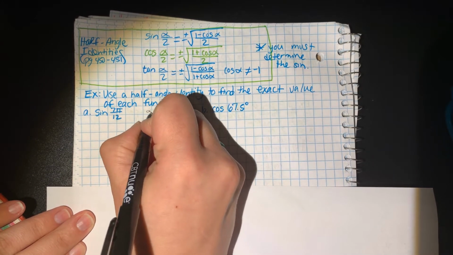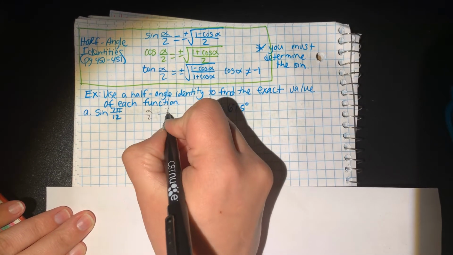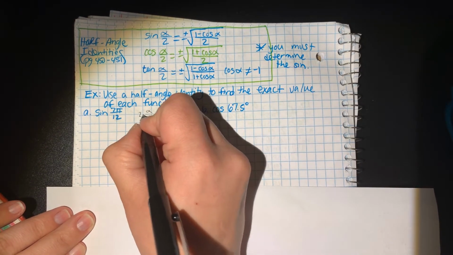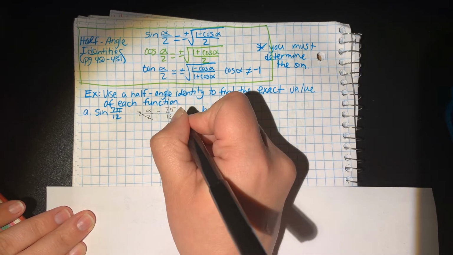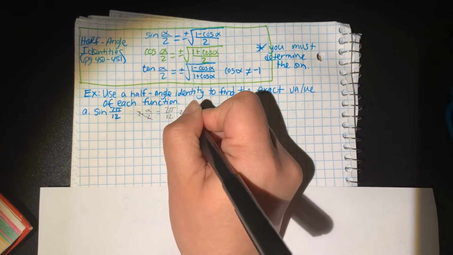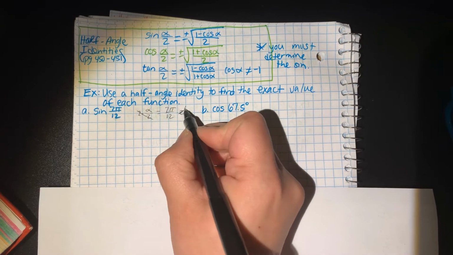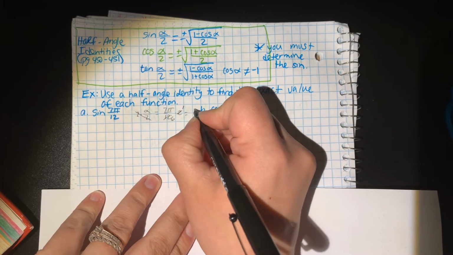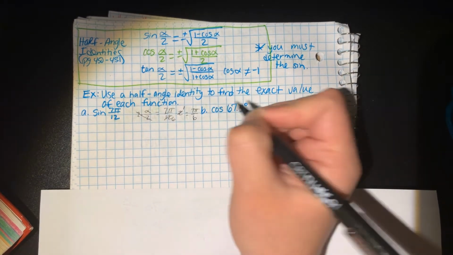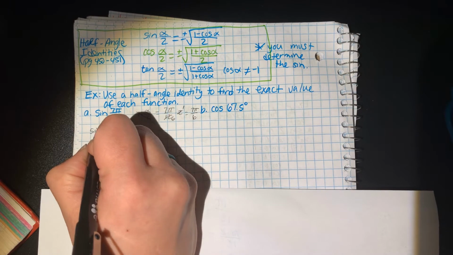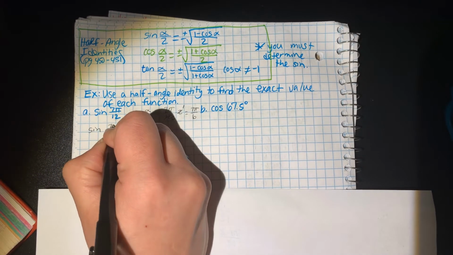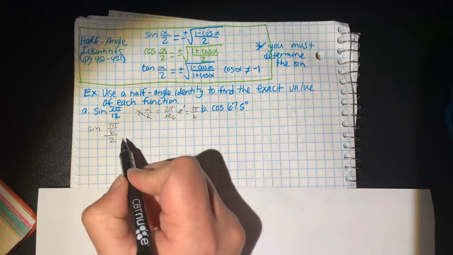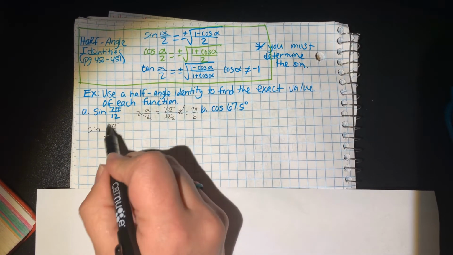So I'm going to say alpha over 2 equals 7 pi over 12. Multiply both sides by 2. So then this will reduce. This is a 1. This is a 6. So alpha is going to equal 7 pi over 6. So really what this is saying is sine of 7 pi over 6 divided by 2. Because this is actually equal to this.